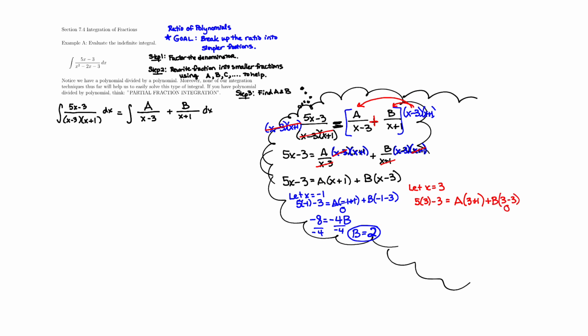That's good because I have b times 0, which drops out. What's that giving me now? 15 minus 3 is 4a. 12 is 4a. What'd you guys get for a? 3?